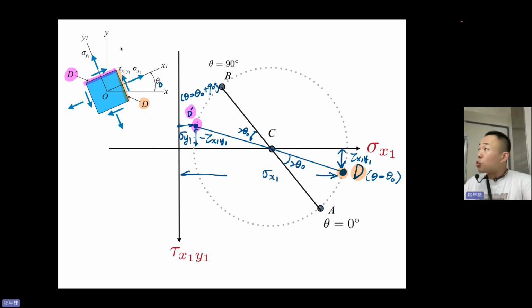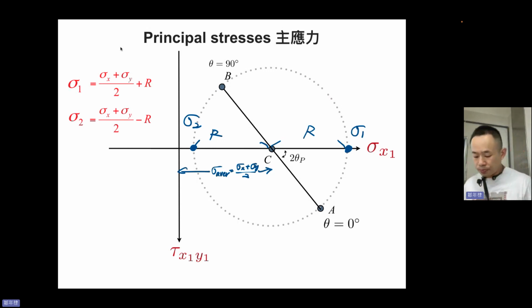Then you can calculate the coordinates of D and get sigma x1 and tau x1y1 purely using triangles, sine, cosine, and geometry you can solve in junior high school. So everything becomes simpler.